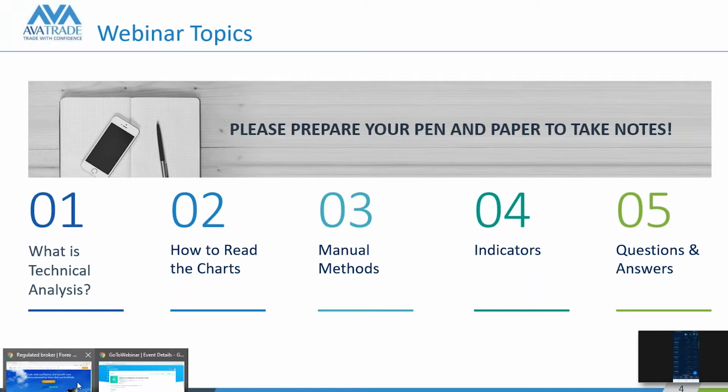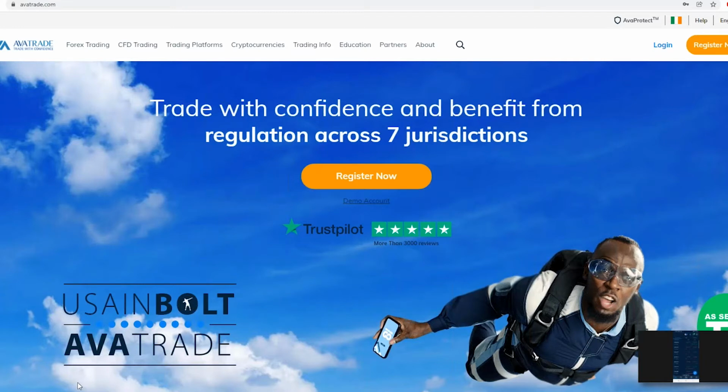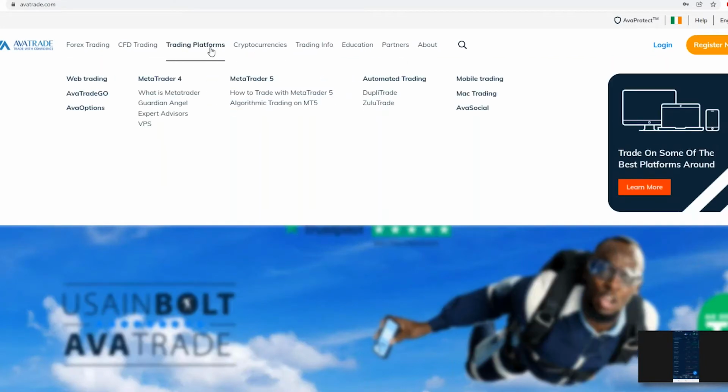Now, when we're on AvaTrade's main website, you can find our AvaTrade Go mobile app under the trading platforms link, and then you see AvaTrade Go.